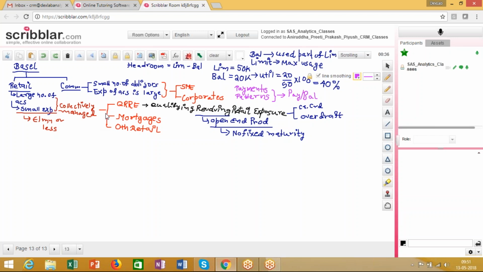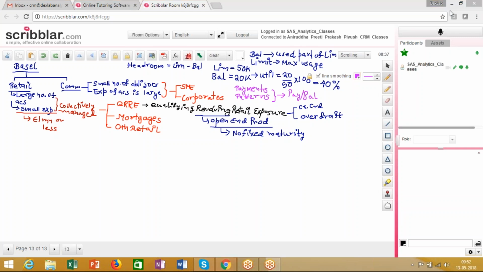So by looking into the payment balance patterns and the utilization patterns, we can make out whether the borrower in the revolving retail exposure is more risky or less risky.